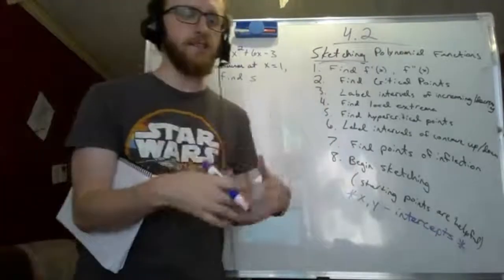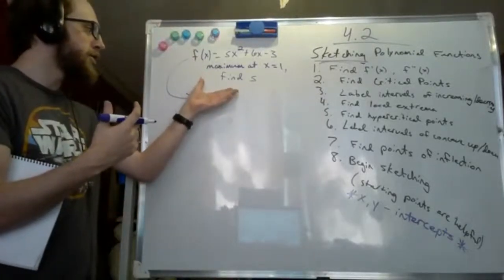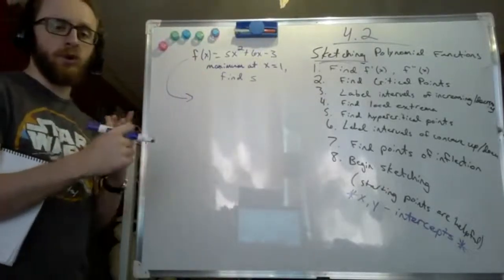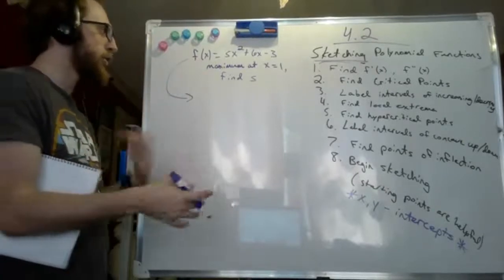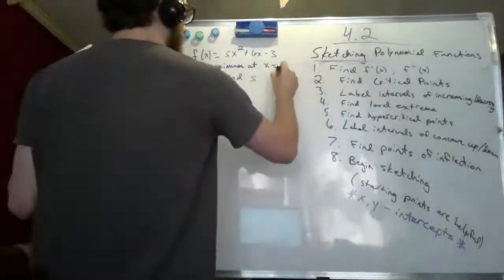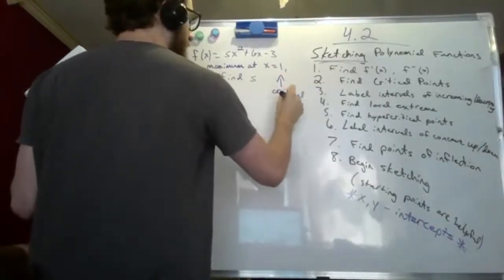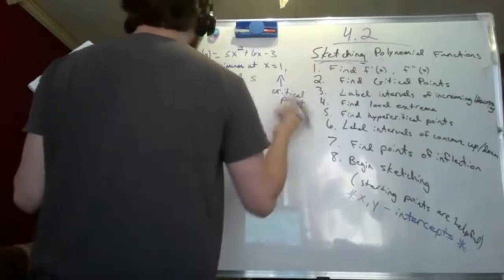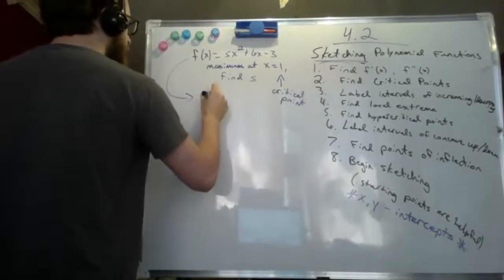So what does that tell us? Well, that tells us in order to be a maximum on this function, whether it be absolute or local, we don't know which one it is, it has to be a critical point. So we have a critical point right here. And now that we know that, we can find our first derivative and set it equal to 0.